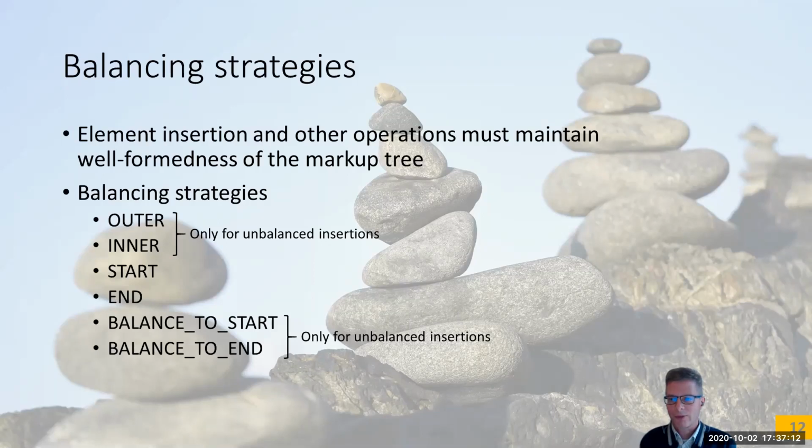And also, if we create other operations on nodes in the XML tree, this must also be guaranteed. We have 6 balancing strategies. 4 of them are only needed for unbalanced insertions. So when we use that strategy on a balanced insertion, everything will be the same as it was before.